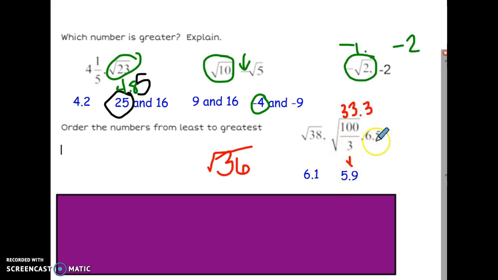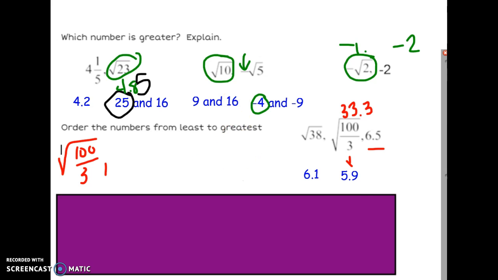And then this one is not even a square root. It's 6.5. So my one that I have first is going to be, let's get a pen here, the least to greatest. My smallest number is actually going to be my square root of 100 over 3. That's first. And remember, you always want to write it back in the form that it came in.